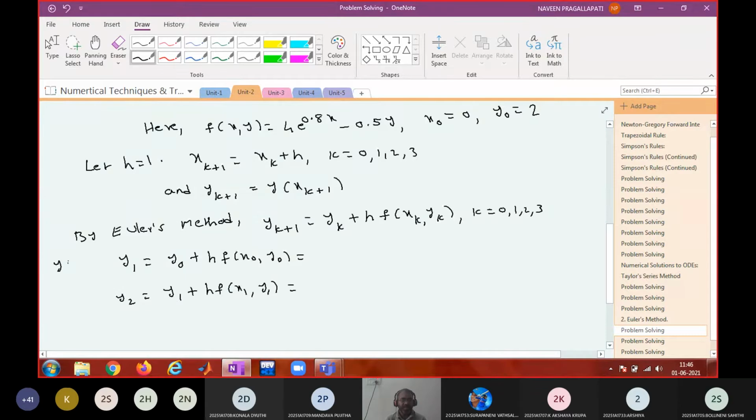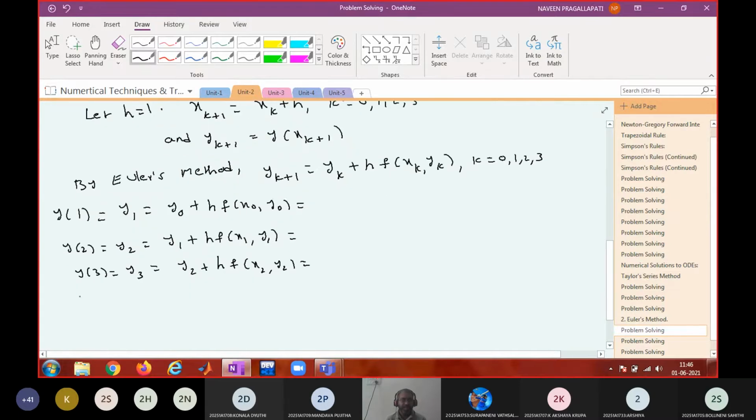So y1 is nothing but y of 1, y of 2, y of 3 is equal to y3 is equals to y2 plus h into f of x2 y2. y4 is equals to y3 plus h into f of x3 y3.